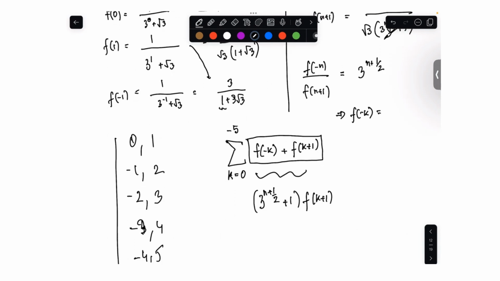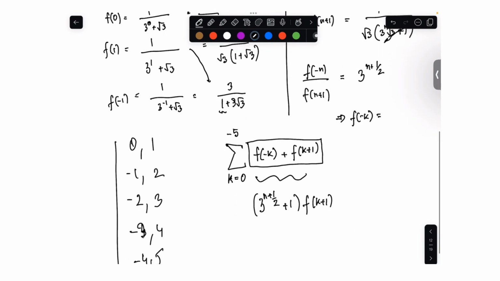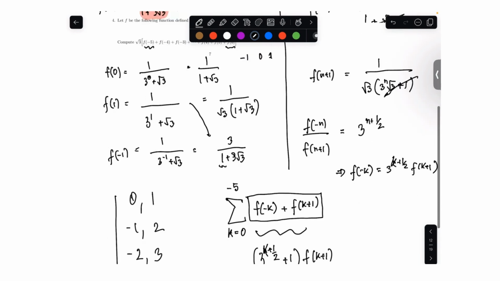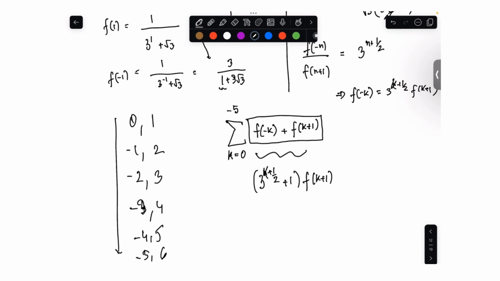Right. This is what we have got, right? Because this f of minus k is equal to 3 to the power n plus half times f of k plus 1. So we just replaced it. Let me just see if it's fine or not. Yeah, this looks good.